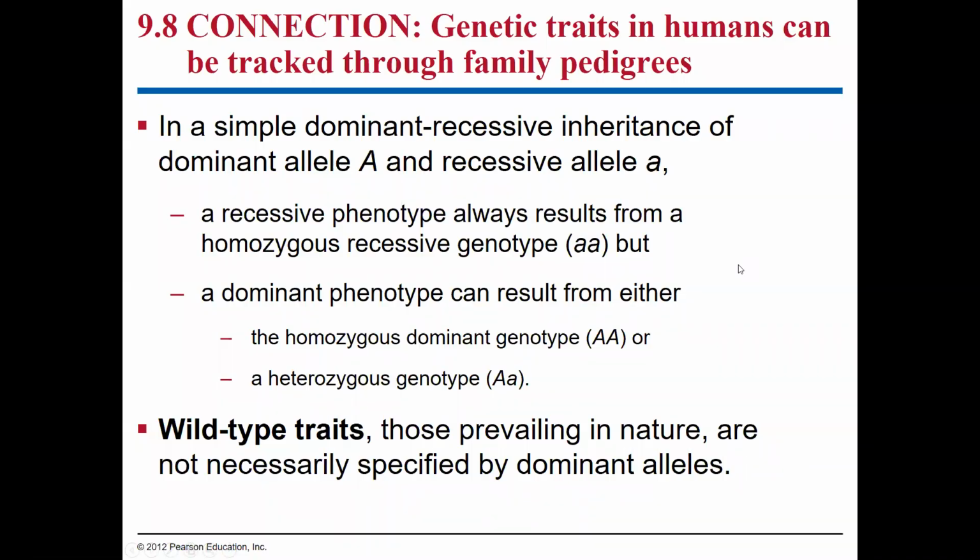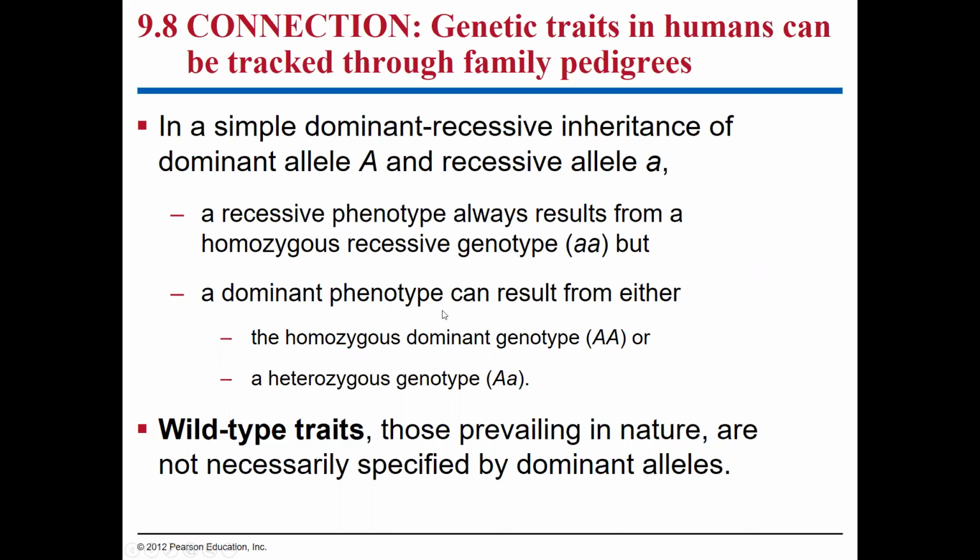So because of that probability and our knowledge of how traits are passed on, some traits in humans can be tracked through pedigrees. In a simple dominant-recessive inheritance of a dominant allele and a recessive allele, the recessive phenotype always results from a homozygous recessive genotype.